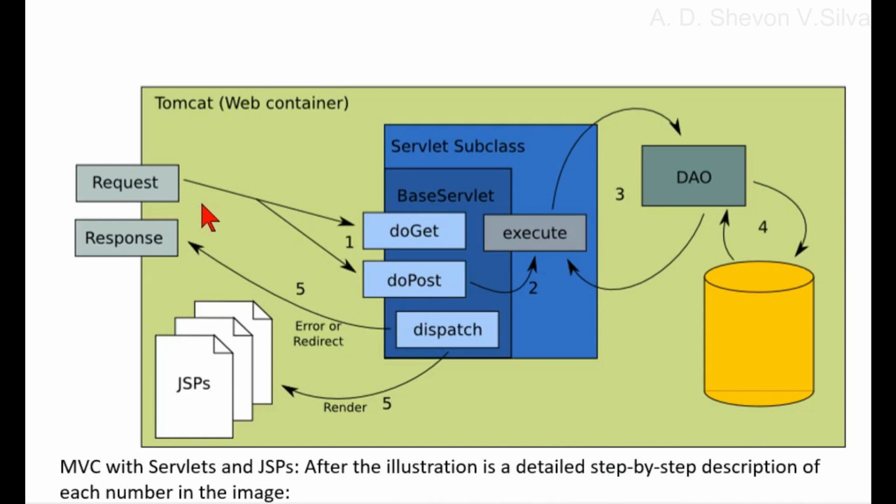The request is connected to doGet or doPost, and doGet and doPost interact with the base servlet, and then the base servlet interacts with execute in the servlet subclass, and execute interacts with the DAO, and the DAO interacts with the database.